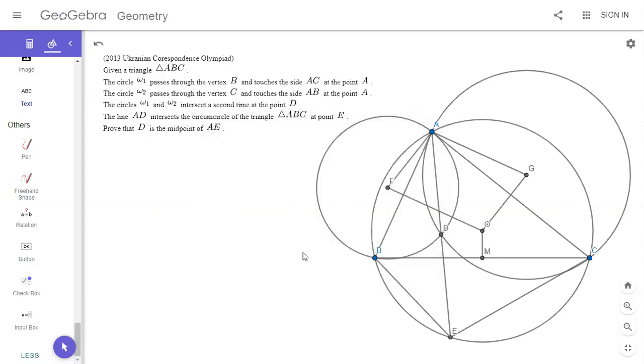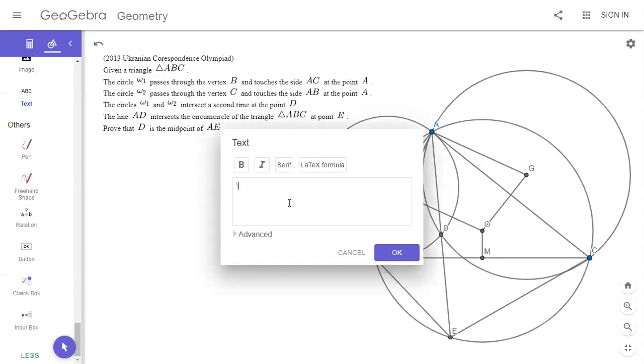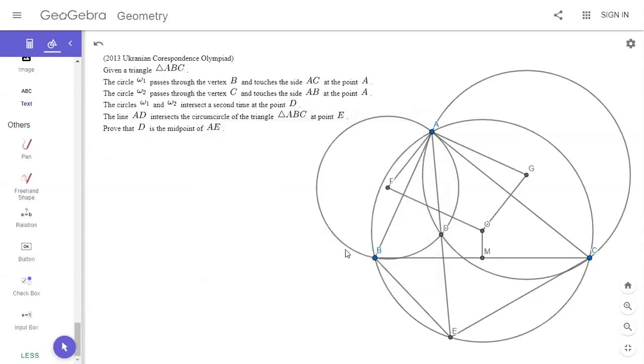Actually, you know what? I don't even need to do that. We can angle chase BDE down in terms of angle A, I guess. So we have angle BAD is equal to... I had this, I'm sorry. I mean to angle chase angle BDA. Let me do this.